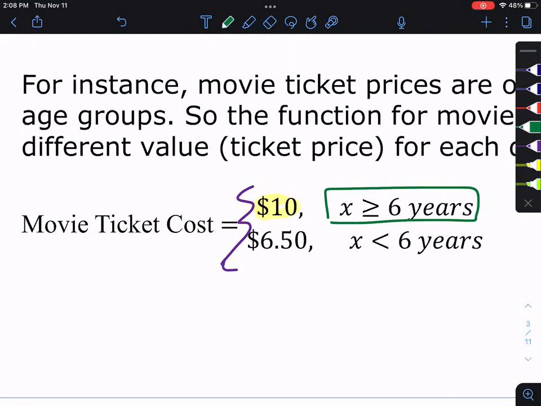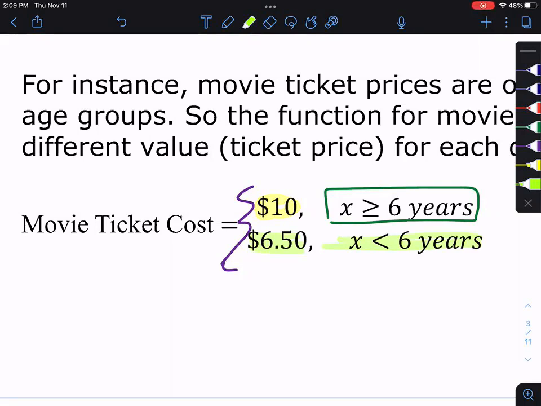So anybody who is 6 years or older would cost $10 to get into the movie theater. However, anybody who's less than 6 years old, their ticket price would be $6.50.